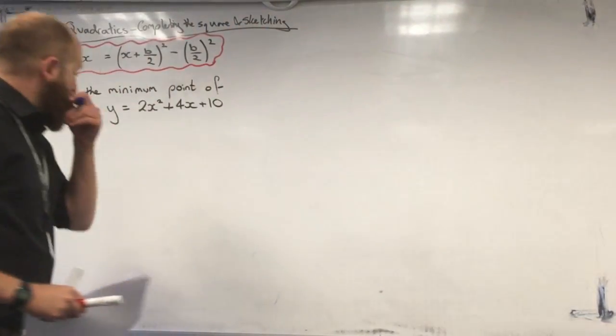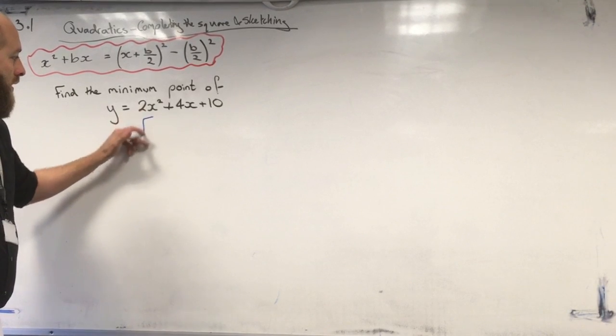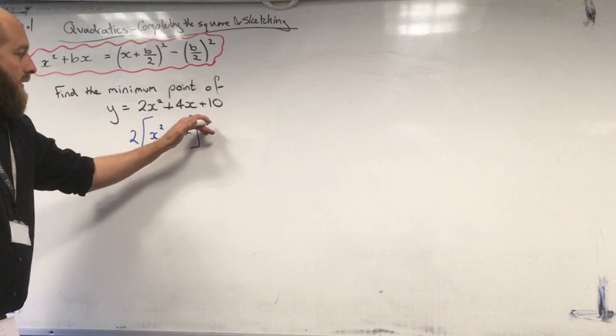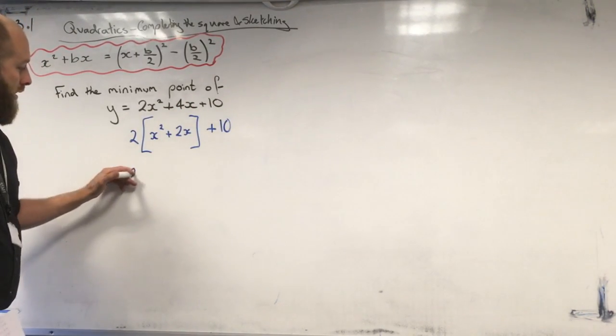So complete the square again, we've got 2, so we need to divide it by 2 to get it in this form. And leave the 10 on its own. Now we're going to complete the square on the bit in here.